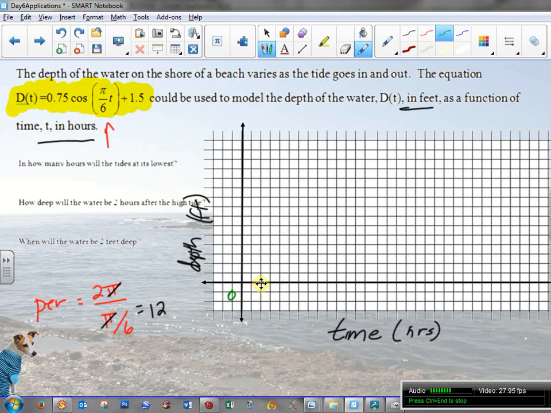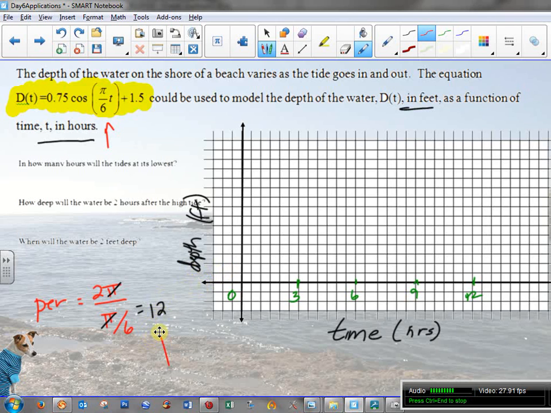I think I'll do 1, 2, 3, 4, 5, 6, 7, 8, 9, 10, 11, 12, and that's just a matter of counting. Make sure you have enough available boxes before you start. It never hurts to work in pencil, because if you end up using an improper number of boxes, then you can always go back and erase it easily. Okay, so my x-axis is set up.